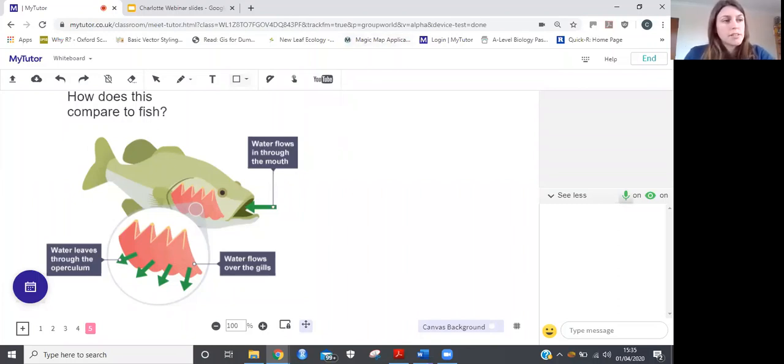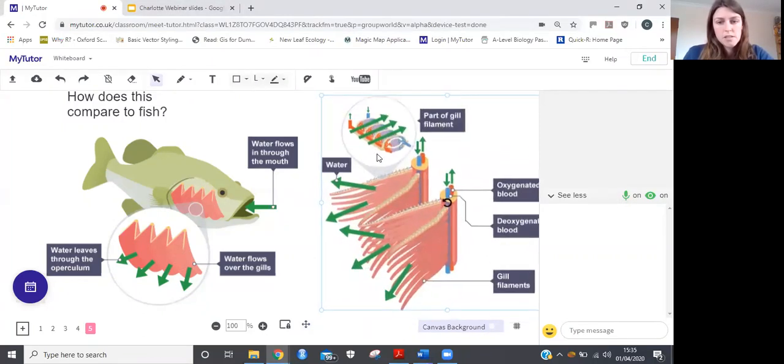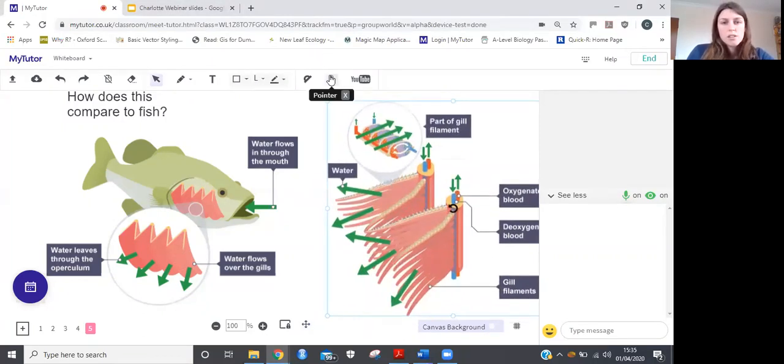So if we then look inside a gill, we can see that gills have lots and lots of little filaments in them, called filaments. They also have a network of capillaries that work through these filaments and connect to this oxygenated blood, deoxygenated blood here.